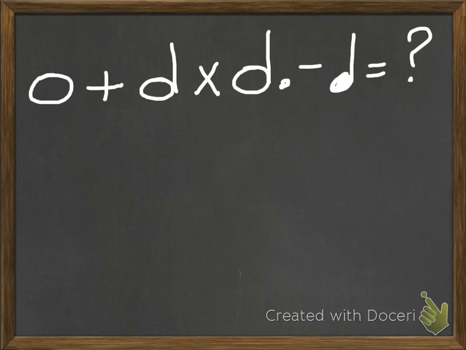Okay, you won't automatically just go from left to right. So we look at PEMDAS. It says parentheses, no parentheses, exponents, no exponents, multiplication and division from left to right. So the first one we see is multiplication here.